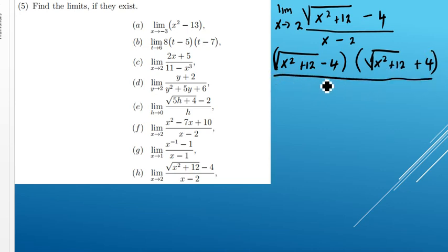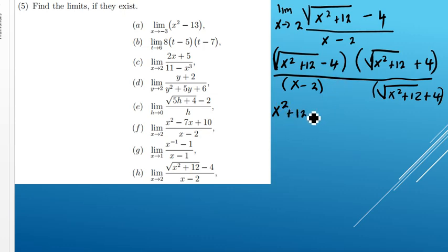Then of course we know here we have x minus 2, then here root of x squared plus 12 plus 4. If you multiply everything here, root and root are going to cancel. You are going to get x to the power 2 plus 12.